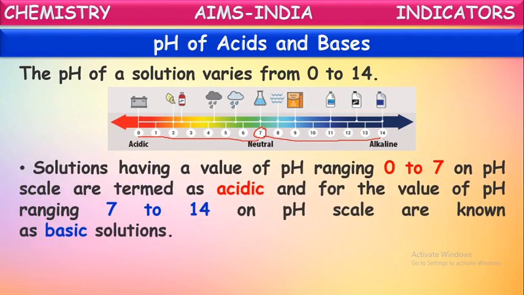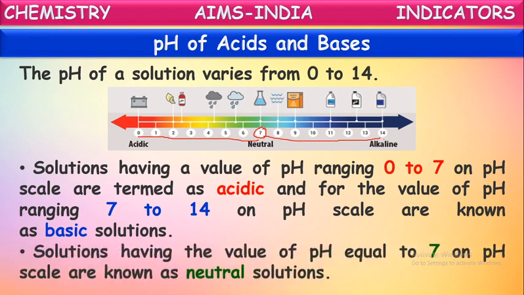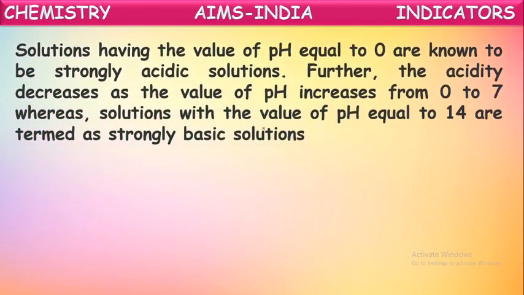Solutions having a pH of 0 to 7 are termed acids, the pH ranging from 7 to 14 represents bases, and solutions with pH exactly 7 are neutral solutions. Solutions with a pH equal to 0 are known as strongly acidic solutions.